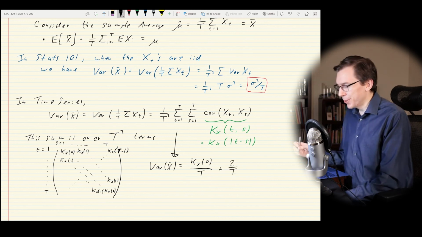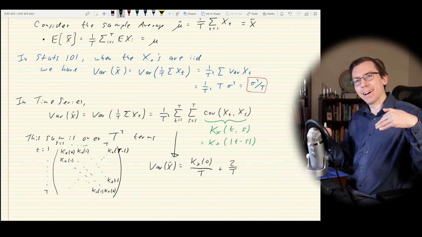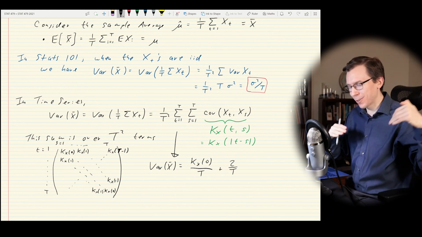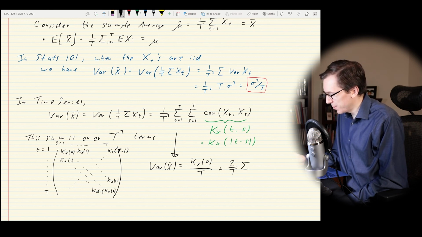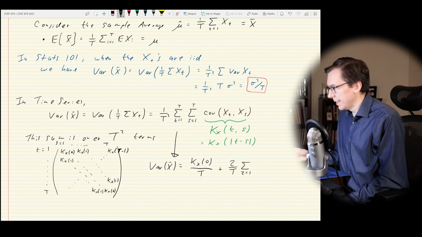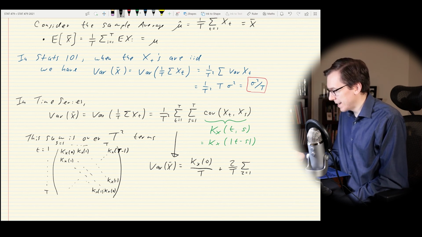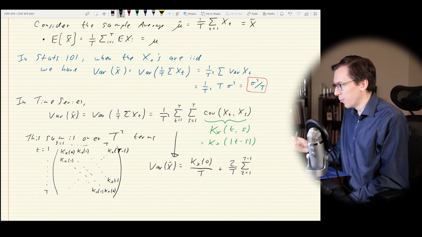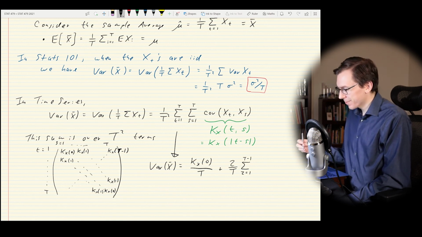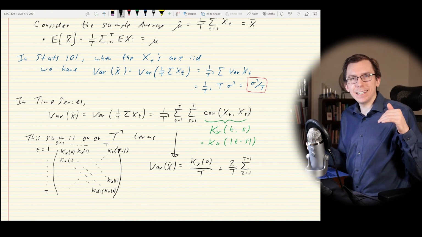So we're going to get a 2, because we have the upper triangle piece and the lower triangle piece. So we actually have each term appearing in 2 diagonals. And then we're going to sum, in this case, I'm going to use z as my index from 1 to T minus 1, which is going to be the lag.